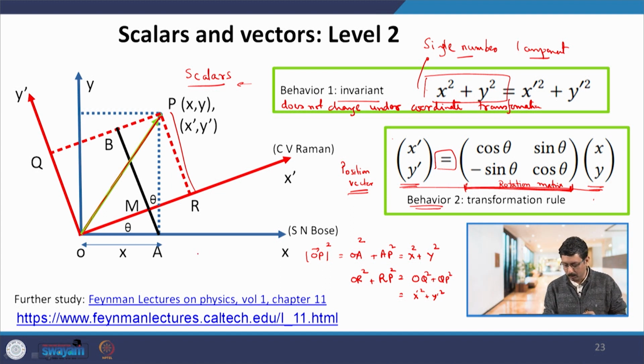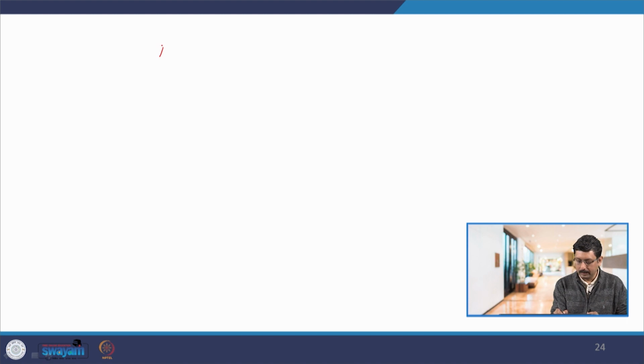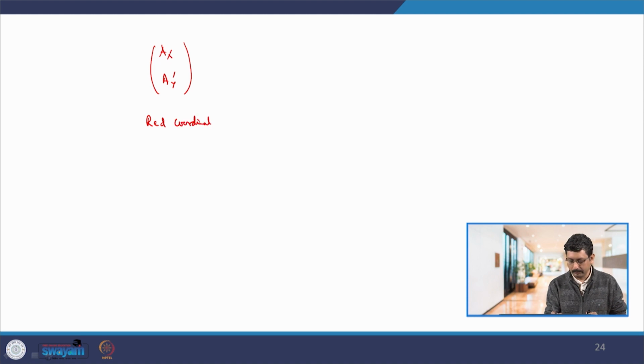Suppose I take a quantity A whose components are A x prime and A y prime in the red coordinate system, and the same object has two components in the blue coordinate system.